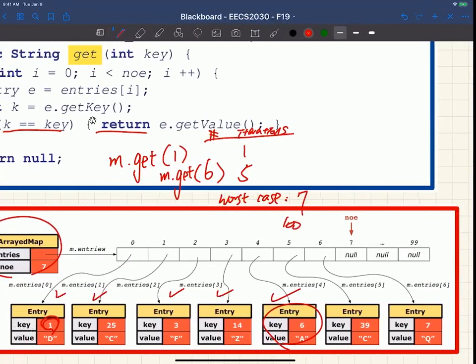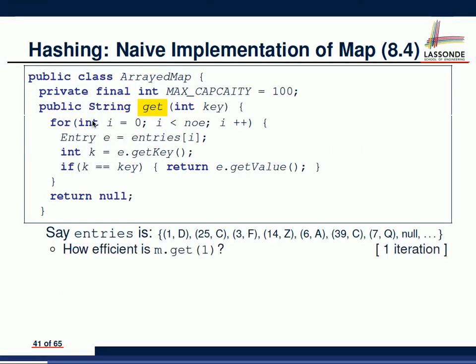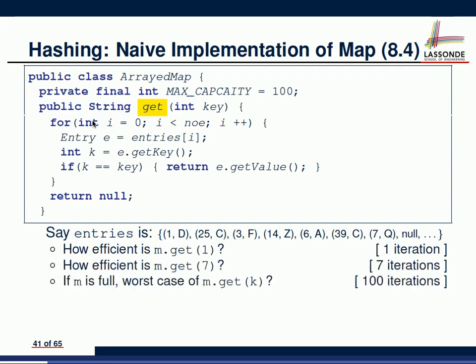And now let me go back to the slides. What you have just finished was these two. Let me make it even more general. What if I have an array storing entries for a very big database? I got 1 million entries. What would be the worst case to execute M.get k?